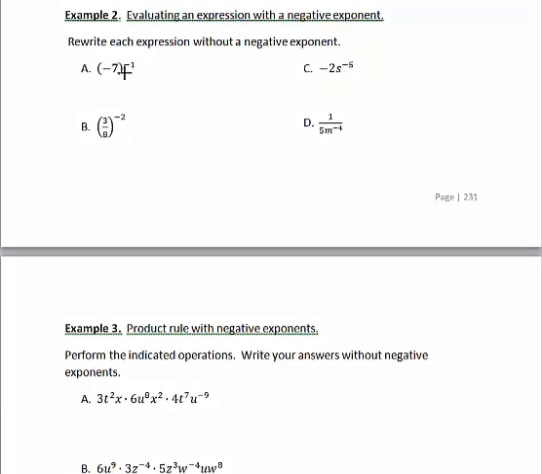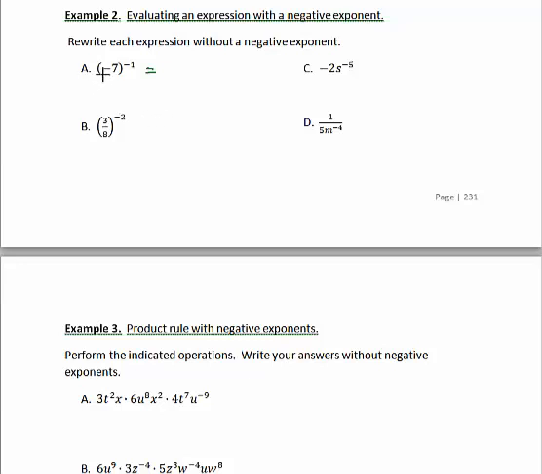Alright, so what that tells us is that if we move an exponential expression from the denominator to the numerator, or from the numerator to the denominator, then we change the sign of the exponent.